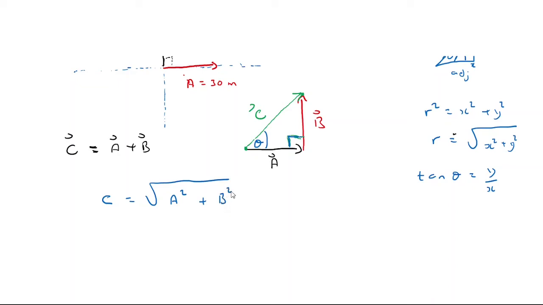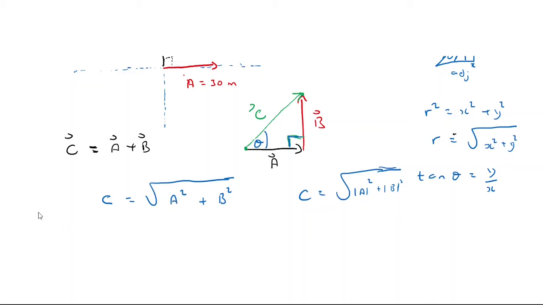In some books, you'll see it written as the magnitude of A squared plus the magnitude of B squared. They just mean the magnitude. It's the same thing; the notation is just different.